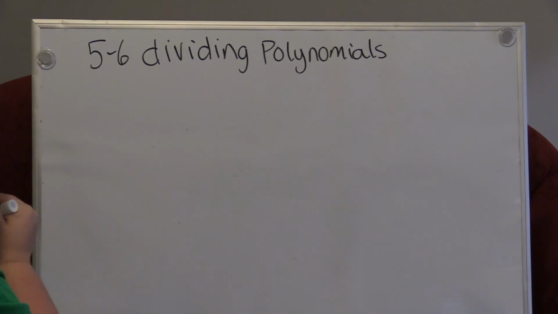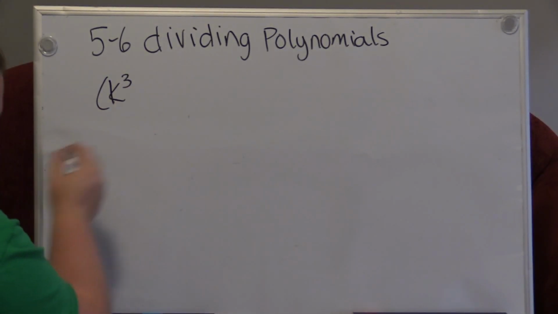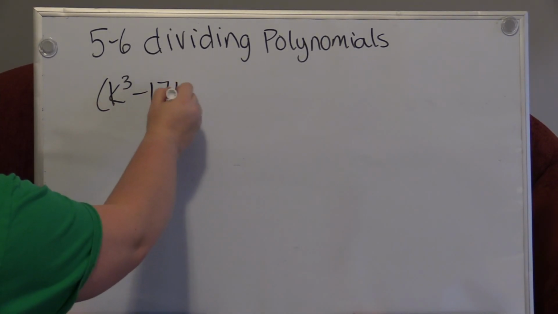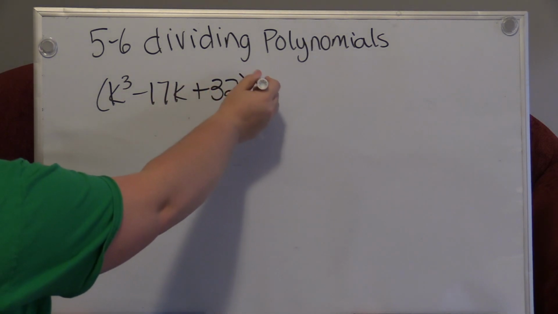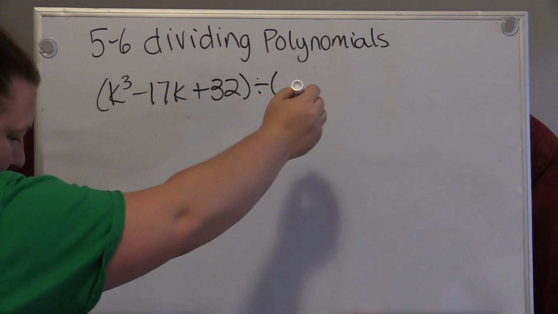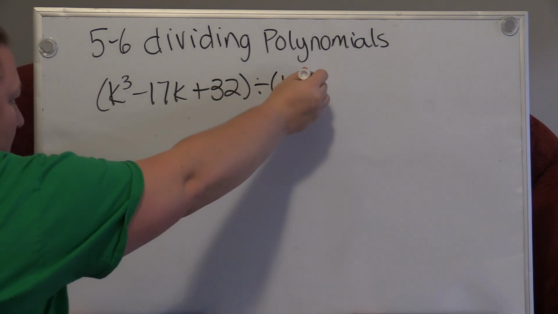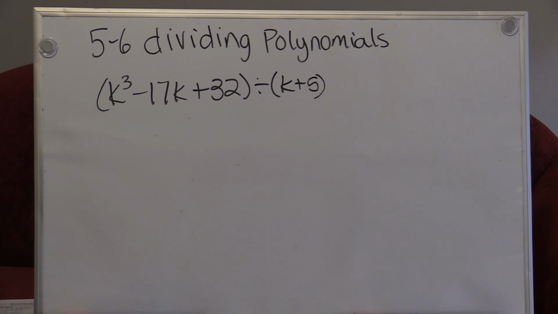And here I get, uh-oh. What happened? I'm missing a term. Every other polynomial has had its terms in descending order, and now I'm missing one.